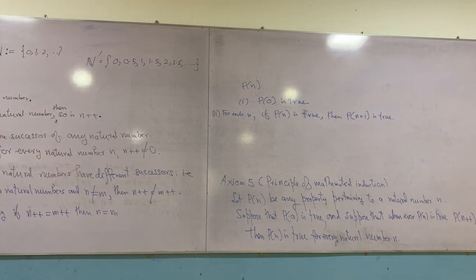However, 0.5, 1.5, 2.5 cannot be obtained from 0. You don't get 0.5 from 0. In particular, 0 plus plus is not equal to 0.5. Therefore, n dash is not equal to n. Even though all 1, 2, 3, 4 axioms are correct, n dash is not equal to n.